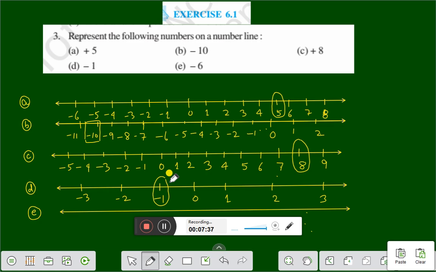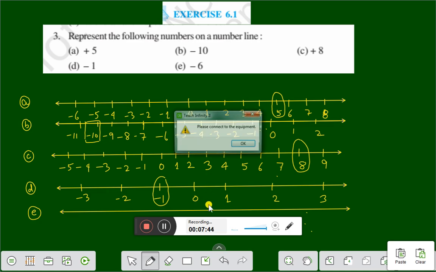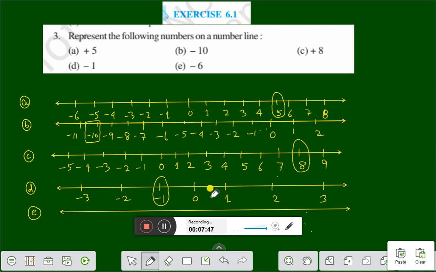Now question number E. Here you see you have to represent minus 6. We have taken it as 0, right? This is 0, and this is 1, 2, 3, 4, 5.